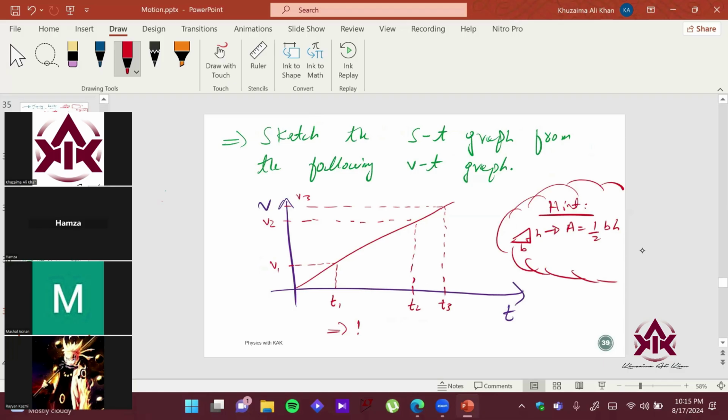Note, area under the velocity time graph will give you the displacement time graph, right.